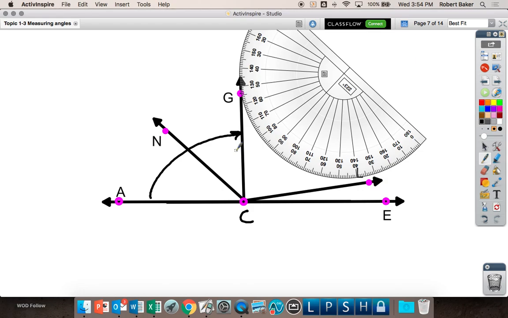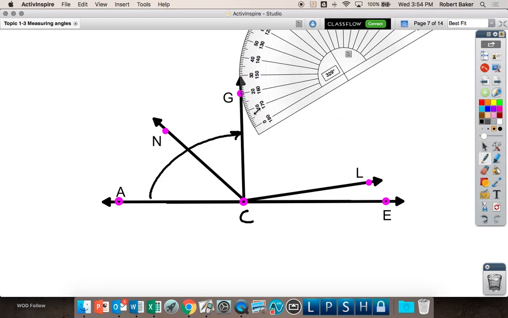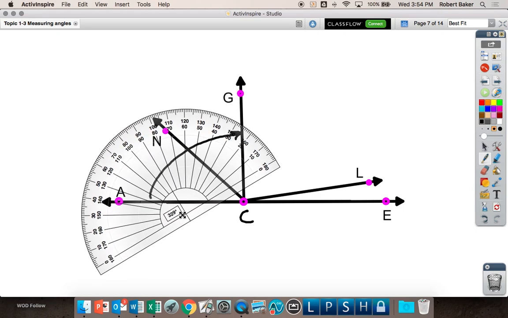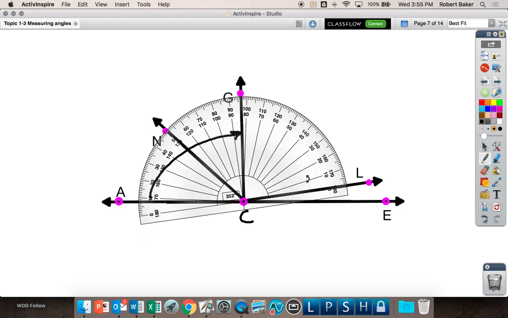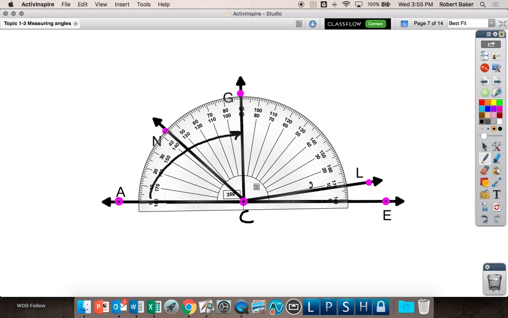Now, theoretically, what does that look like to you? 90 degrees, but it's probably about 89. You can only call it a right angle if you measure it and it equals exactly 90 degrees. So go ahead and measure it and see what you got. 90 degrees. Beautiful.